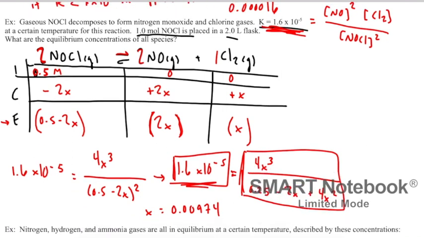I can say that because the x value is so tiny, 0.5 minus 2x might as well equal 0.5. In other words, this thing does not experience much of a change really at all. It does change, but because my k value is so small, whatever change it has is tiny compared to the actual value itself. So I am safe to approximate that x value away.